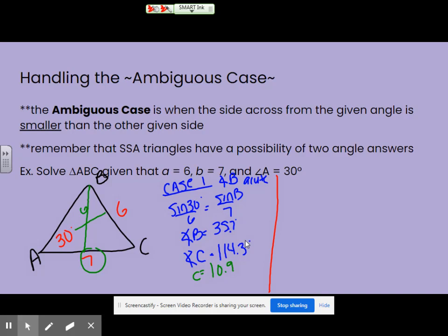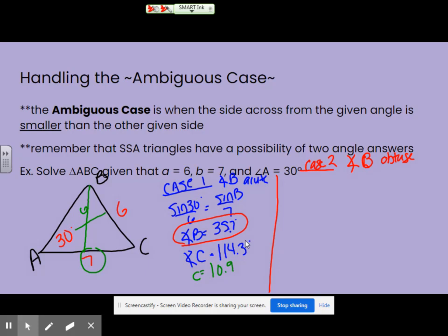And if in case 1, we were assuming that angle B is acute, it also follows that in case 2, we might be assuming that angle B is obtuse. And how do we get a value of angle B that's obtuse? Well, we look back at case 1. In case 1, I see that I got angle B is 35.7 degrees.